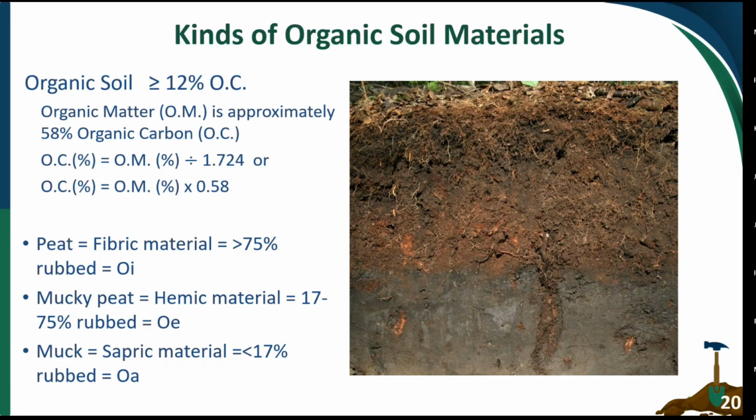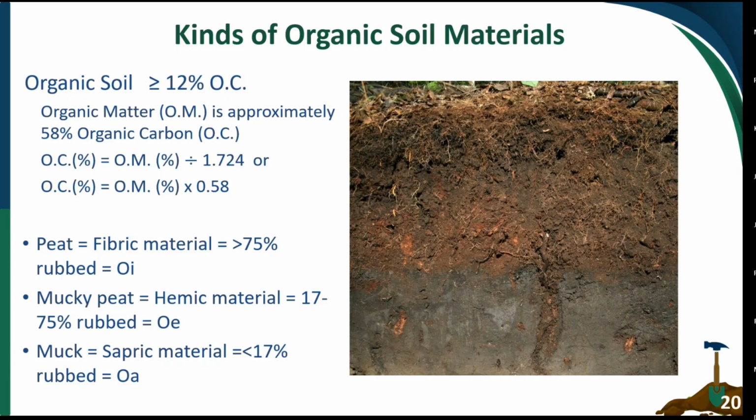Okay, so once you have determined that you do have organic soil materials, you then need to know what kind of organic material it is. There are three different distinctions based on levels of decomposition.